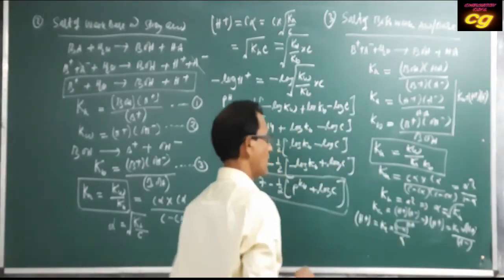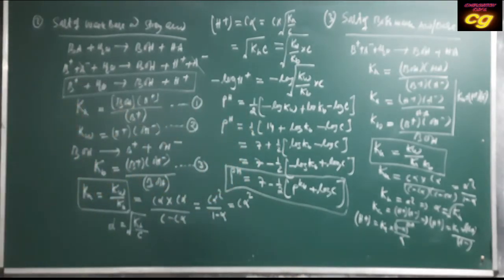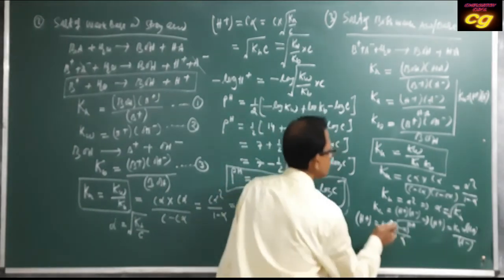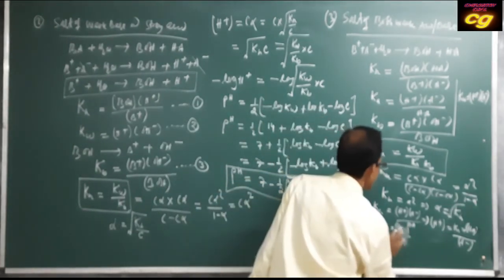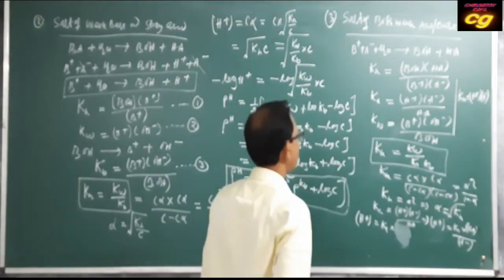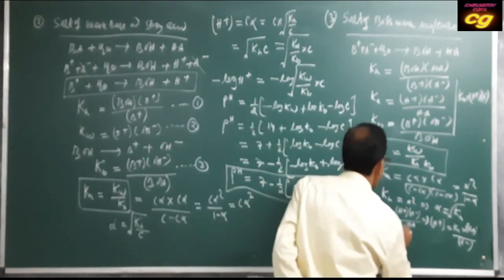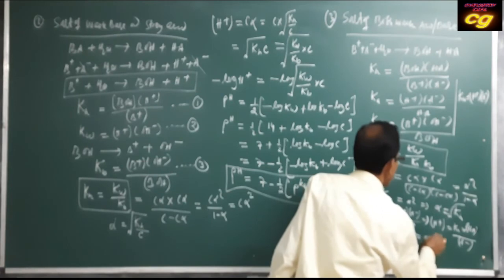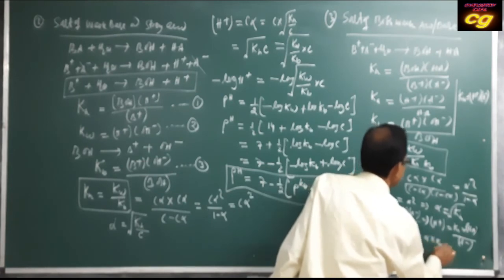So this will be Ka into C alpha upon C alpha, that is, alpha upon 1 minus alpha. When alpha is very small, that will be alpha into Ka.